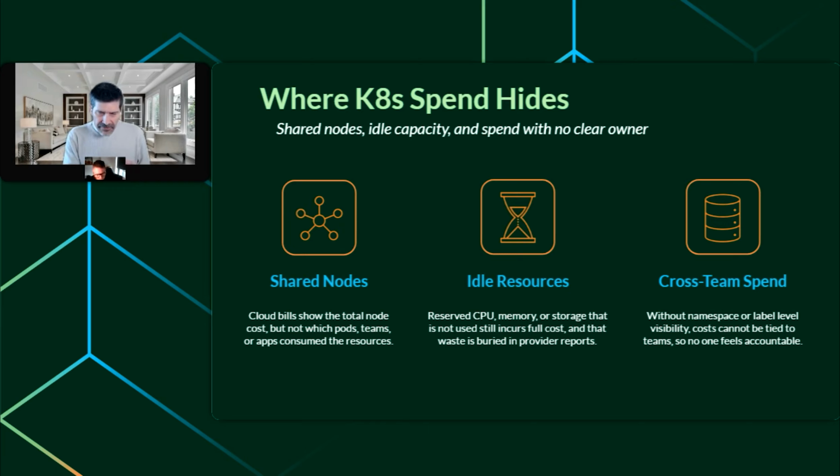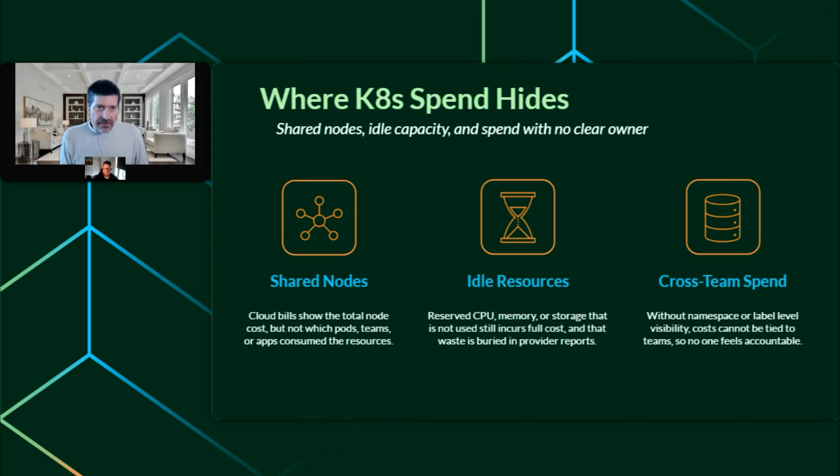And this shared infrastructure, when you look at it on a graph, is just a single bar. It's a single line. It doesn't get allocated to the various things that are contributing to its cost. It makes figuring out who owns those resources, who owns those costs, virtually impossible.